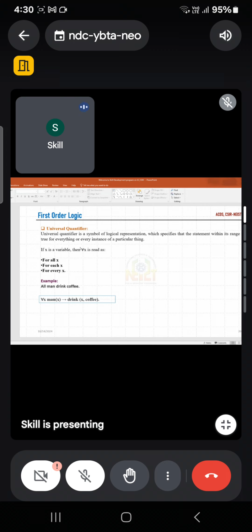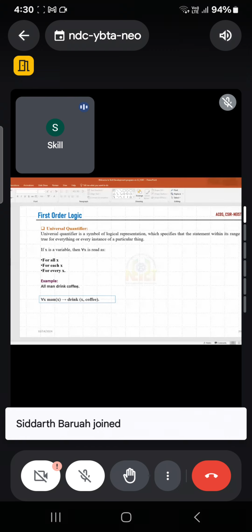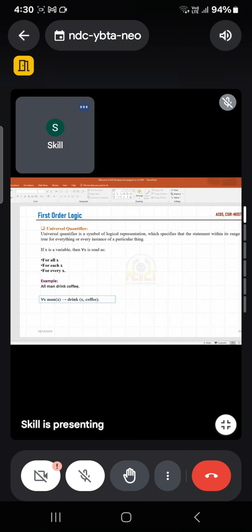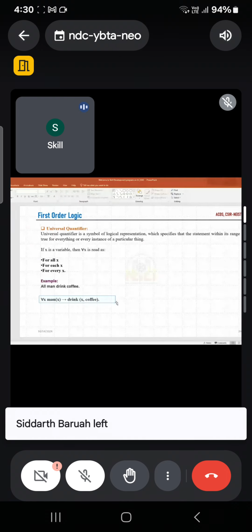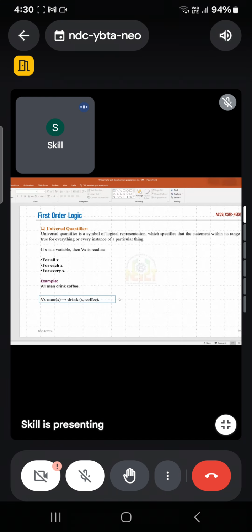It is read as for all, for each, or for every x, and it is denoted like this. In the example, all men drink coffee. We can write this in first order logic as for all x, men(x) implies drink(x, coffee). This statement can be written in first order logic like this. You can note it down for now.